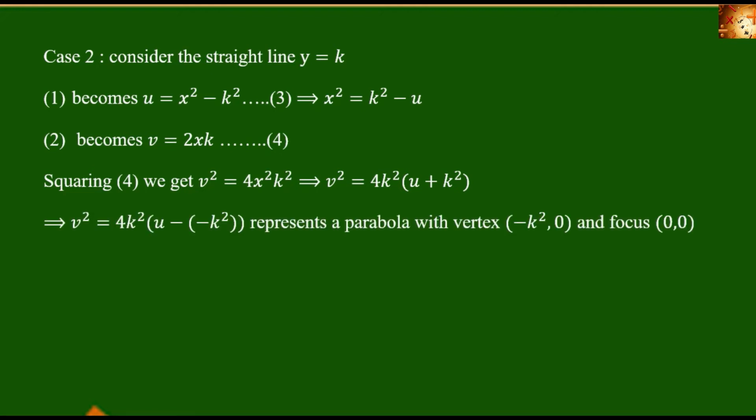This represents a parabola with vertex minus k square, 0 and focus 0, 0. So the straight line y equal to k is mapped onto a parabola opening to the right side, with vertex minus k square, 0 and focus 0, 0. In both cases the straight lines are mapped onto parabolas.